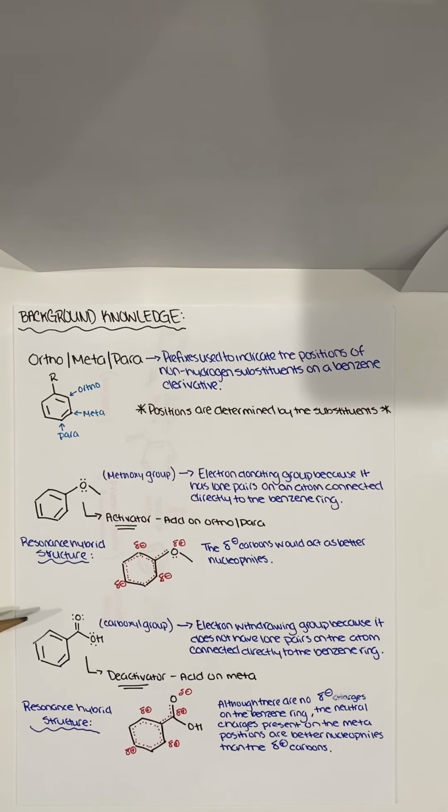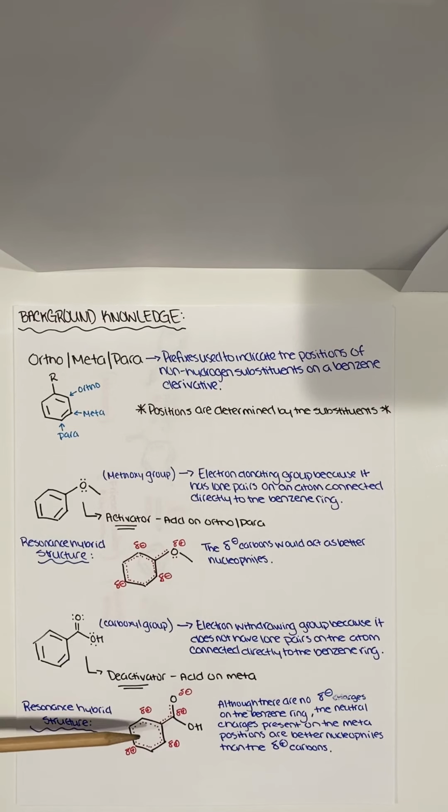In terms of electron withdrawing groups, we have a carboxyl group present on the benzene ring, and this is an electron withdrawing group because it does not have lone pairs on the atom connected directly to the benzene ring, which is this carbon over here. This also means that it is a deactivator, and it adds on the meta positions. So we also can look at the resonance hybrid structure of this, and we could see that there are partial positive charges on the ortho and on the para position.